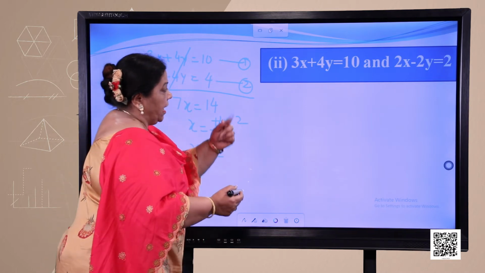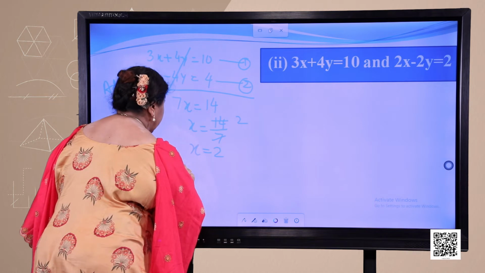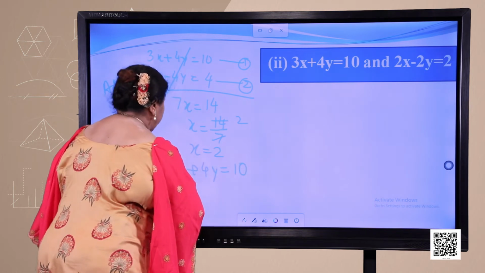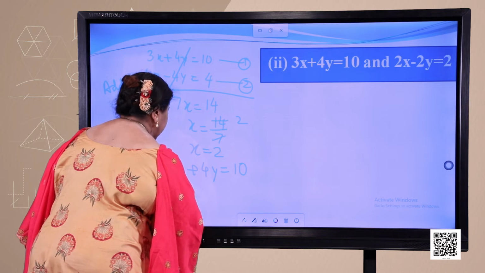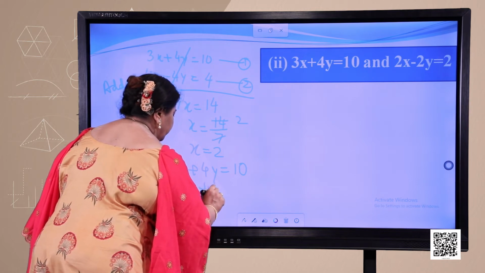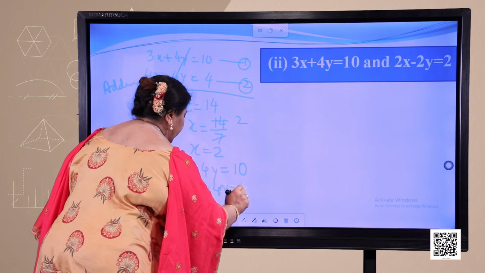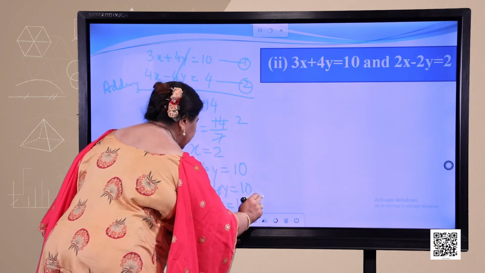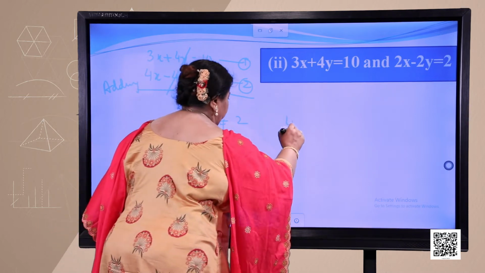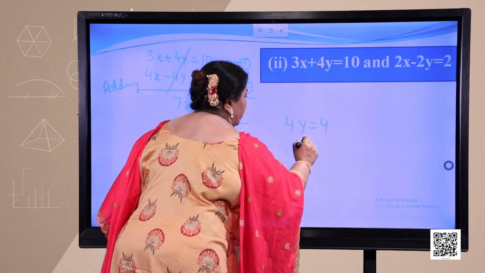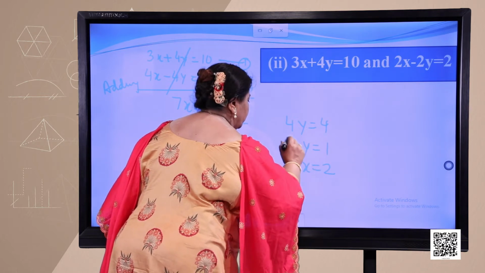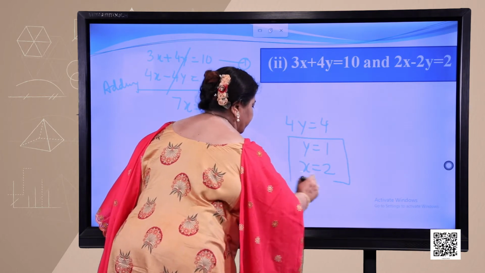Now, any equation I will pick up, I will take 3x plus 4y is equal to 10. Here, if I substitute the value of x as 2, 6 plus 4y is equal to 10, we get 4y is equal to 10 minus 6, that gives me 4y is equal to 4 or y is equal to 1. In this way value of x is 2 and value of y is 1.